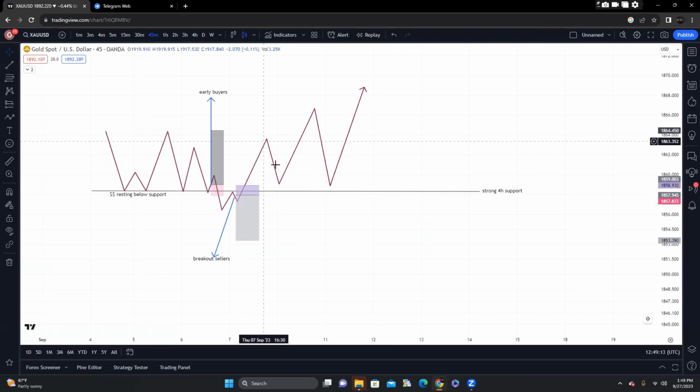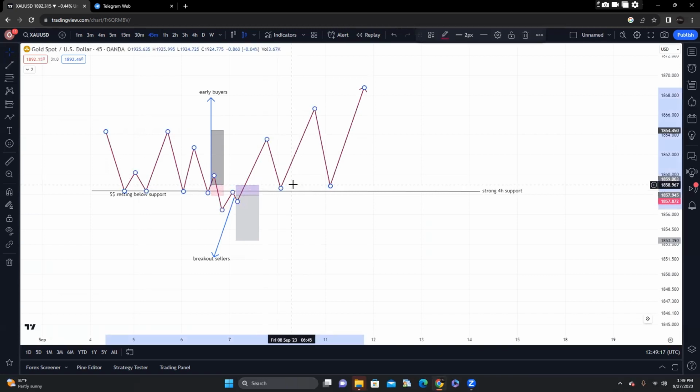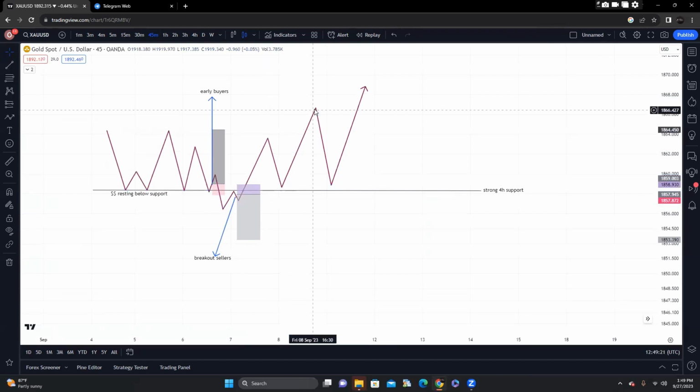And then price came here. Maybe it did not test, maybe it tested, whatever. And came here. Then we now see that we may have another block here because this is now a change here. So we'll have another block resting here.